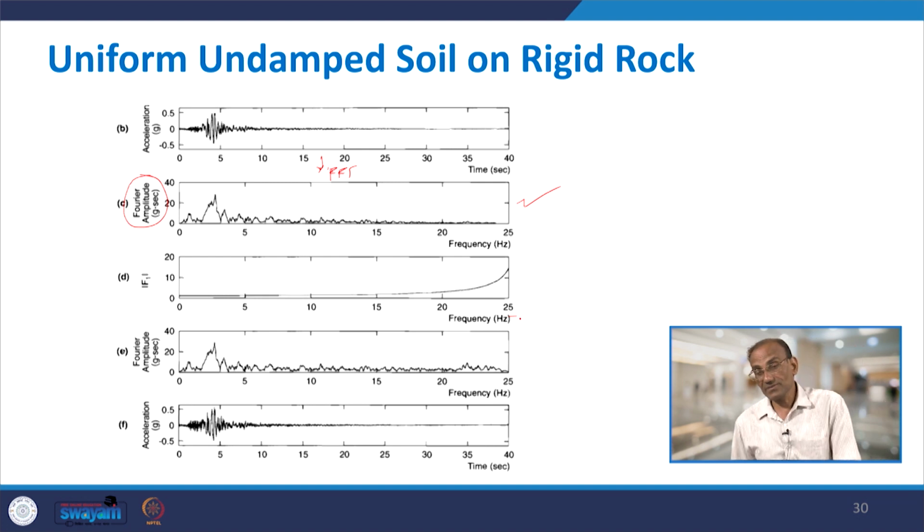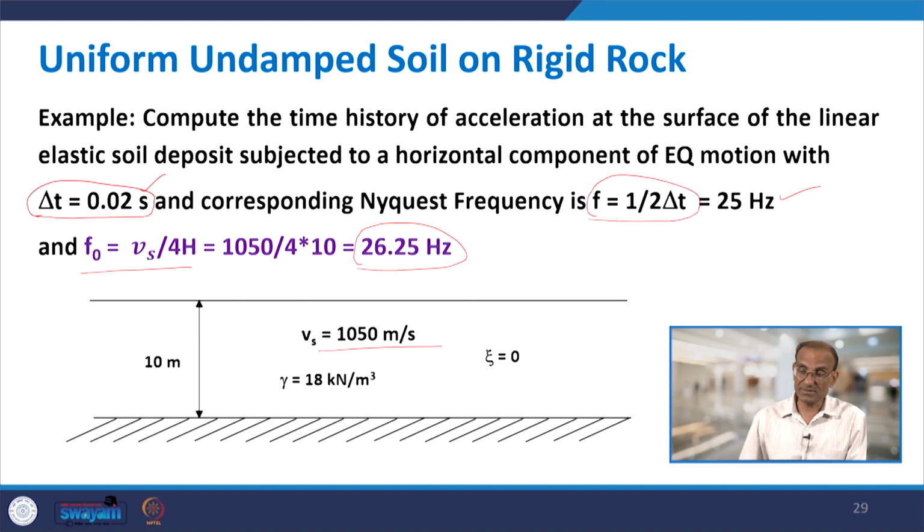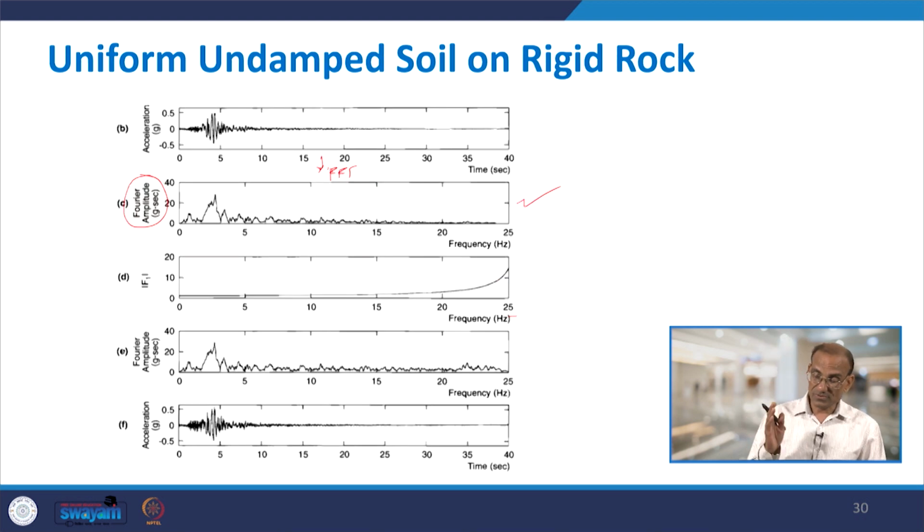But why is it 25 hertz, why is the peak near 25 hertz, why not at 10 hertz or some other value? The reason is that the natural frequency of the soil layer is 26.25 hertz, and in your case you are not going beyond 25 hertz, because the Nyquist frequency is 25 hertz. So, you are calculating the transfer function up to 25 hertz.